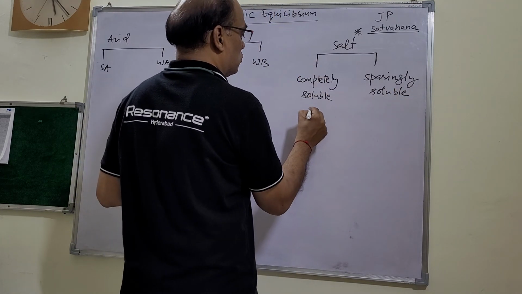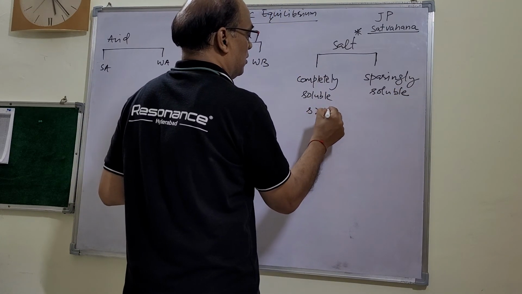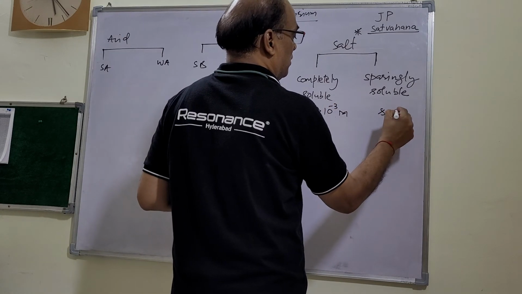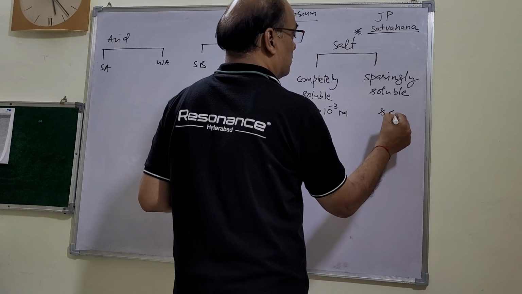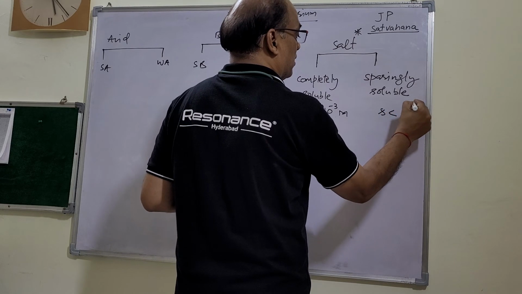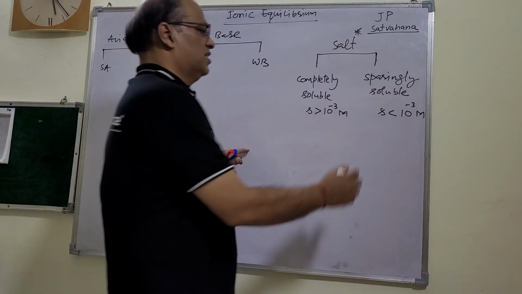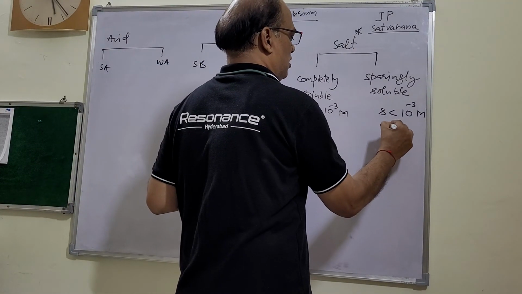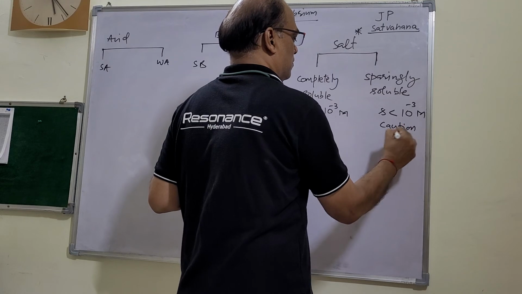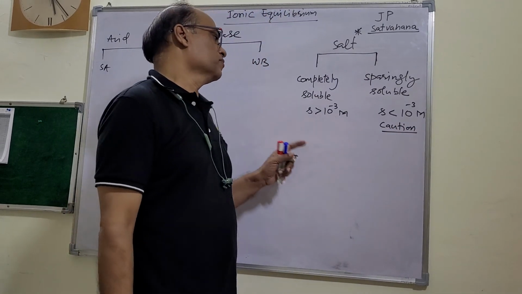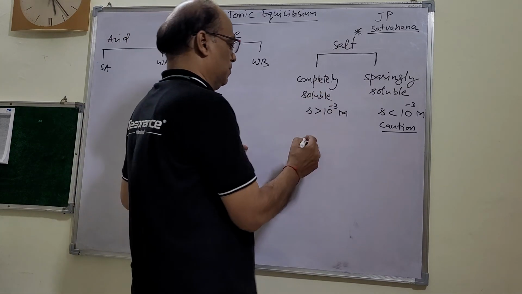Completely soluble, solubility is greater than 10 to the power minus 3 molar. Here solubility less than 10 to the power minus 3 molar. Okay, but there is a catch. Caution is there. What caution is there? I will tell you by example.